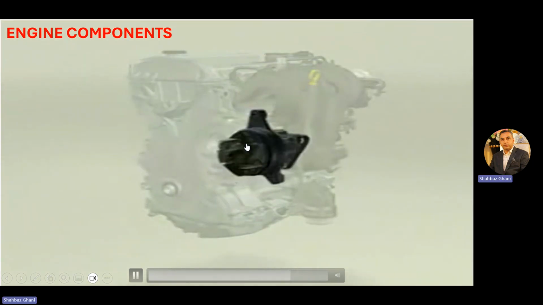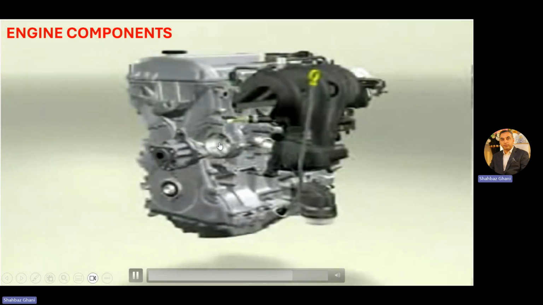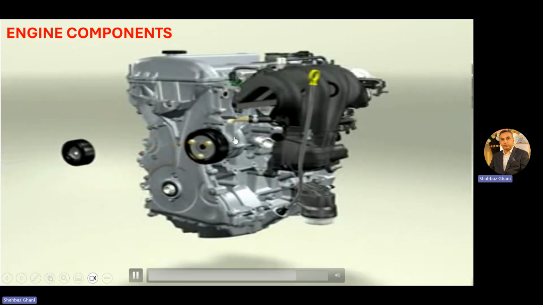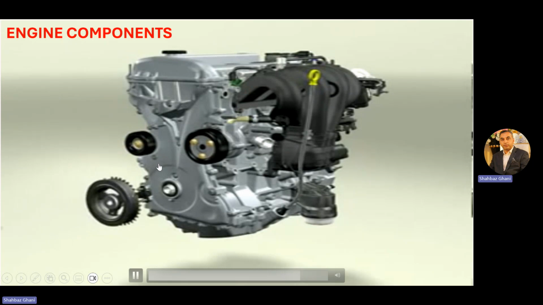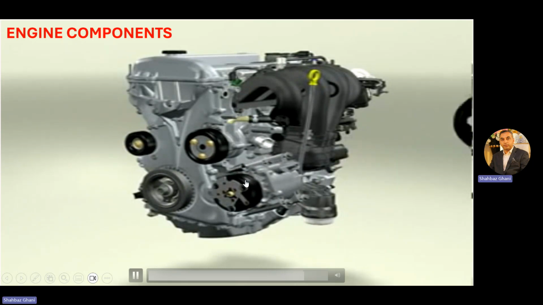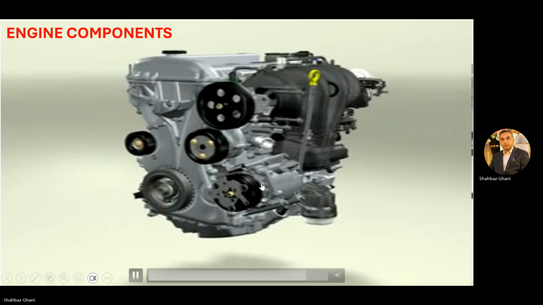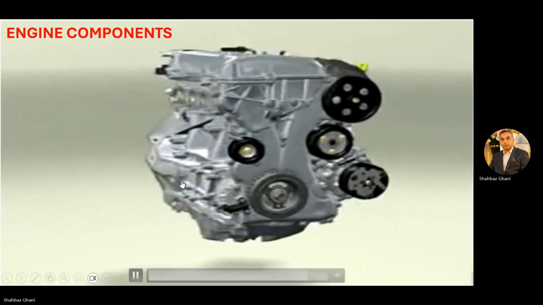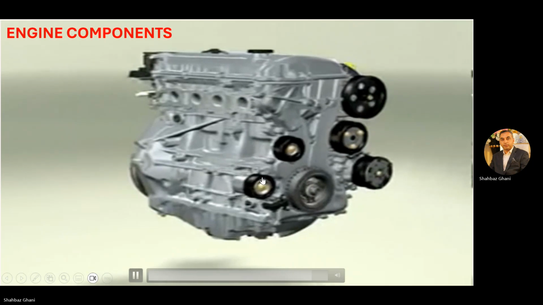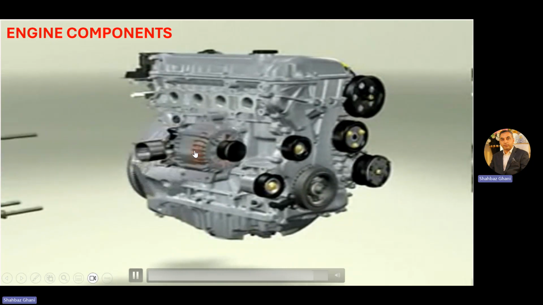Then we have a water pump body attached with the engine block, arranged to drive the water pump. Then the gear mechanism, then we have an alternator assembly, then the generator assembly.